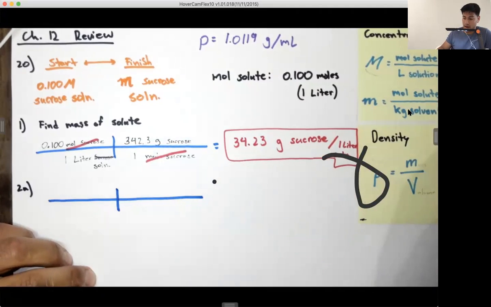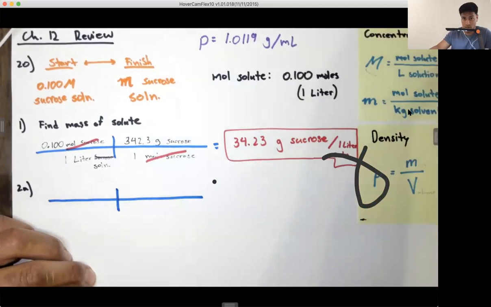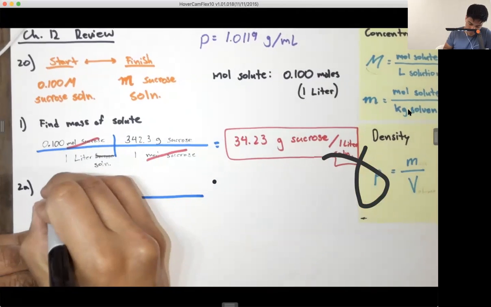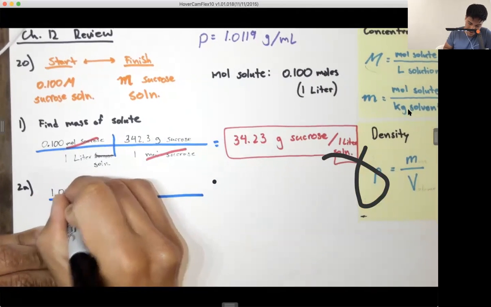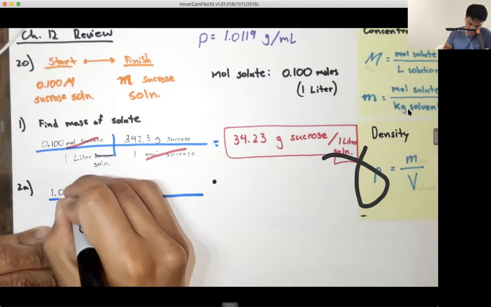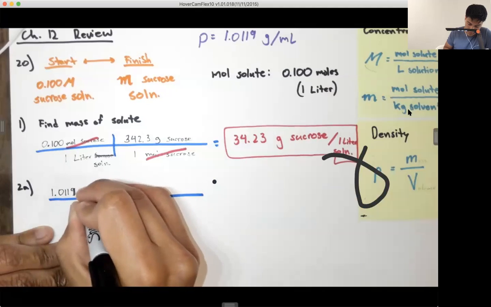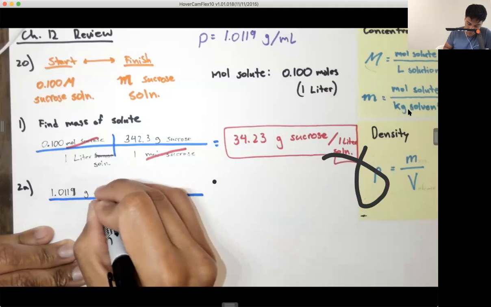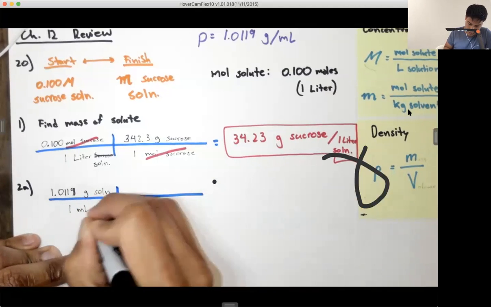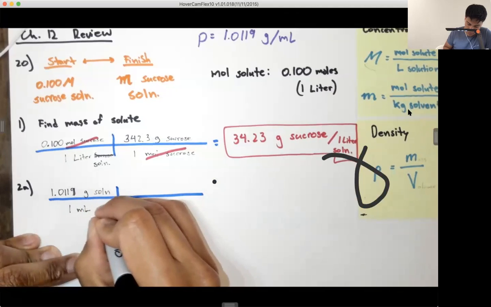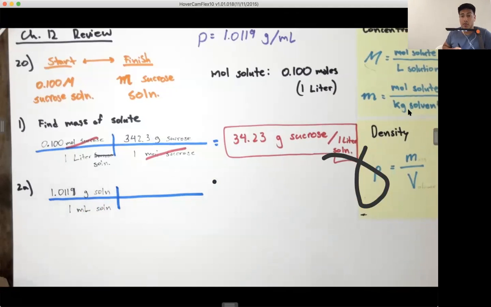Now, we have that 1.0119 grams of solution per 1 milliliter of solution, okay? And we want it to be in liters. So what can we use?